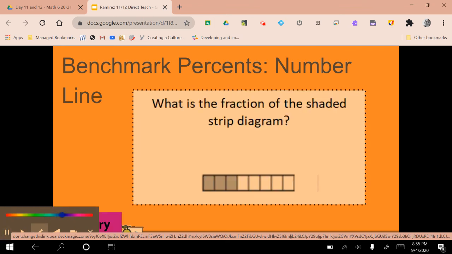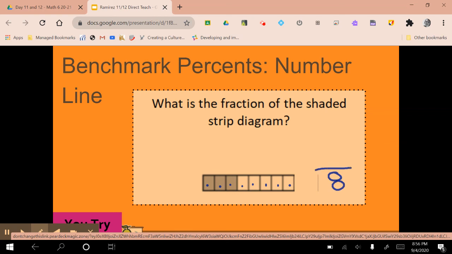Let's try this one. What is the fraction of the shaded strip diagram? We need to use the same steps we just used. We first need to count how many squares we have on our strip diagram. 1, 2, 3, 4, 5, 6, 7, 8. That's our total, so remember that goes on the bottom.